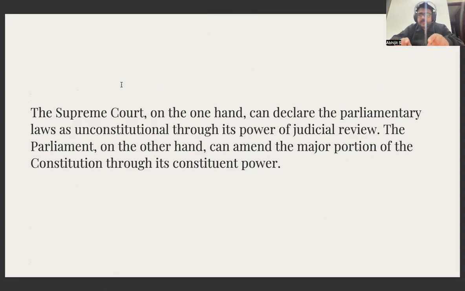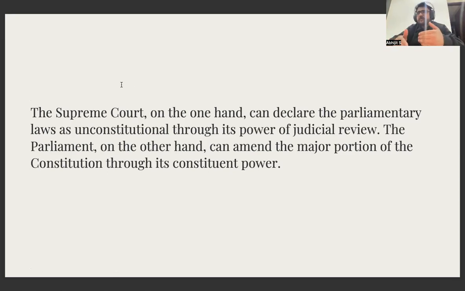The Supreme Court, on the one hand, can declare the parliamentary laws as unconstitutional through its power of judicial review. The Parliament, on the other hand, can amend the major portion of the Constitution through its constituent powers. So you have both parliamentary sovereignty and judicial supremacy.